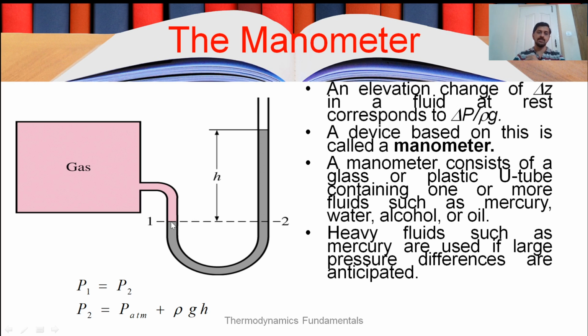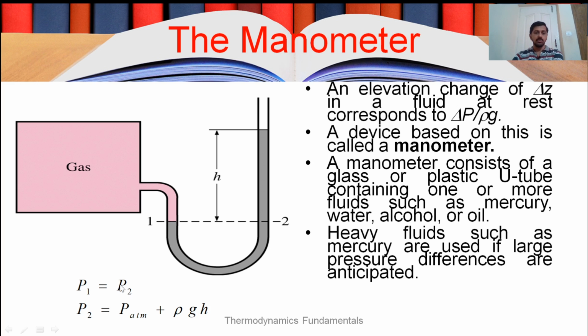You know that since these are connected by the same fluid, it may be mercury, a heavier fluid, or a lighter fluid also. It depends on how much pressure is in the tank or pipeline to which the manometer is connected.